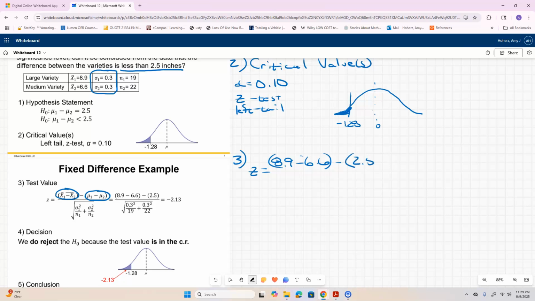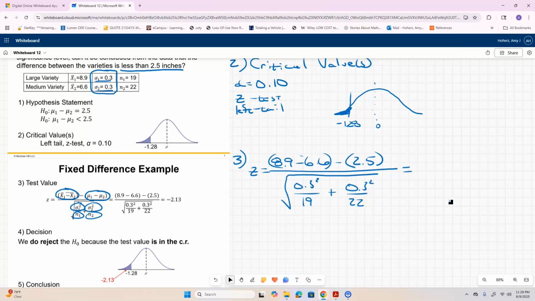So that's 2.5. And then underneath we have square root of sigma 1 squared, where sigma 1 and sigma 2 are both 0.3. So 0.3 squared and 0.3 squared. So that's this part right here. And then we're going to put in the sample sizes. So the sample size for the large variety was 19. And for the second sample, which was the medium variety, was 22.